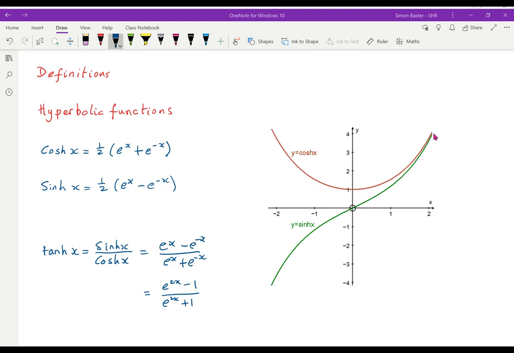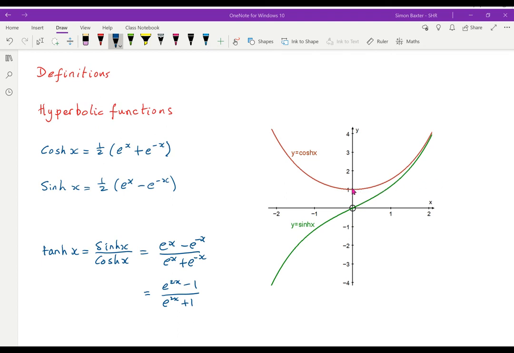Sinh and cosh get closer and closer and closer to e to the 2x over e to the 2x. But the top, the numerator, is always slightly smaller than the denominator. So this is always just a tiny bit less than 1. So as x gets bigger and bigger and bigger, tanh is going to approach y equals 1, but never quite reach it.